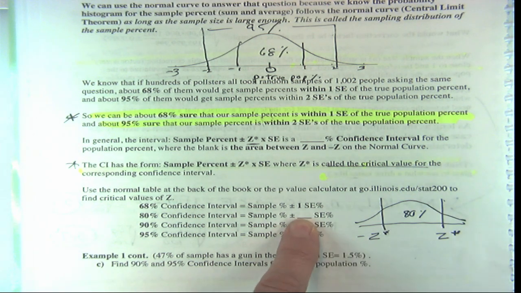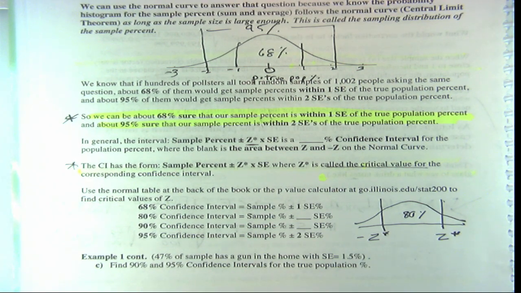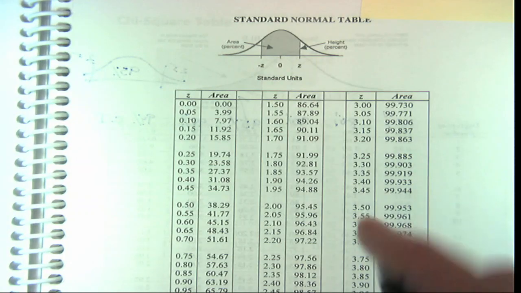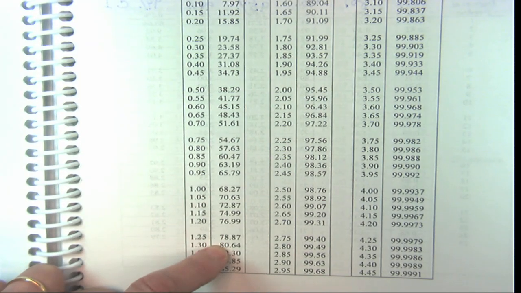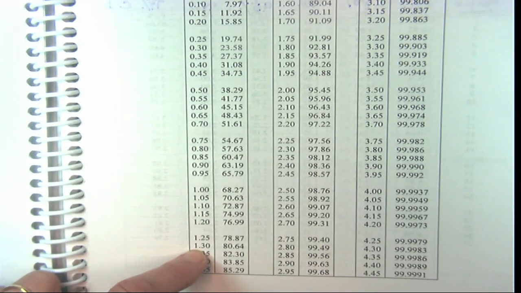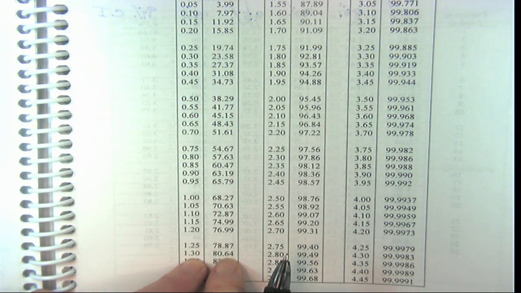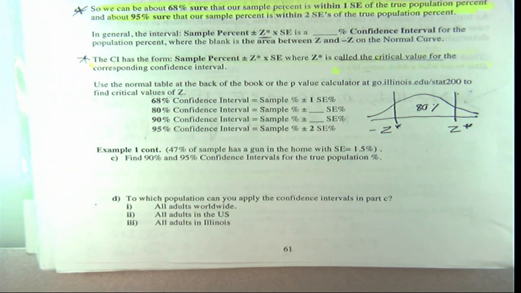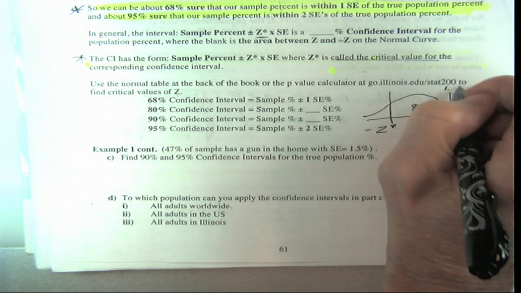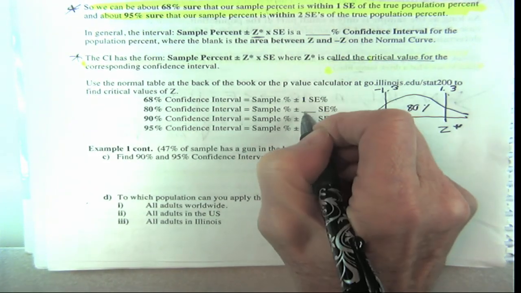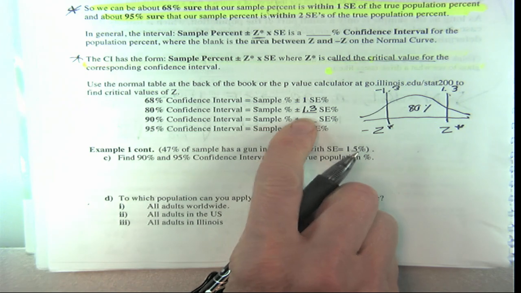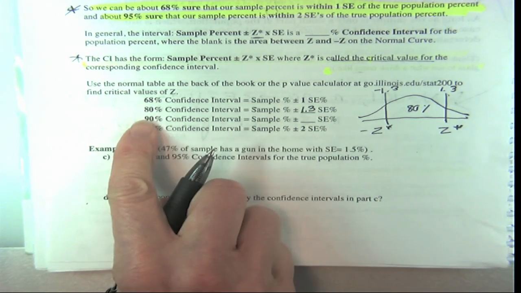So you go to the normal curve and look for 80% in the middle, and for the purposes of this class, it's 1.3. If you looked on the computer or in a more accurate table, it's more like 1.28, but let's just say 1.3 unless you're told to do otherwise. So this is 1.3, and this is negative 1.3. That's how many standard errors we attach to achieve an 80% confidence interval.